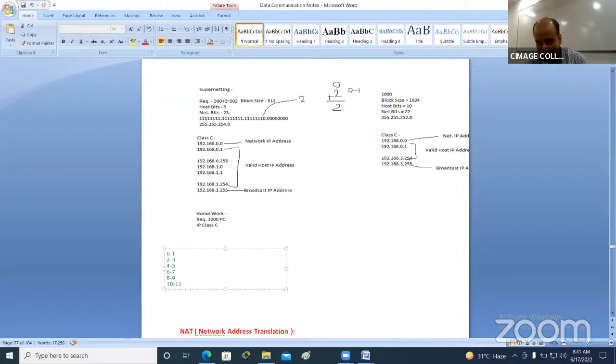As per the range, the value can be 0 to 1, 2 to 3, 4 to 5, 6 to 7, 8 to 9, or 10 to 11.